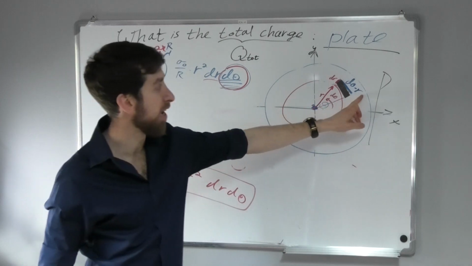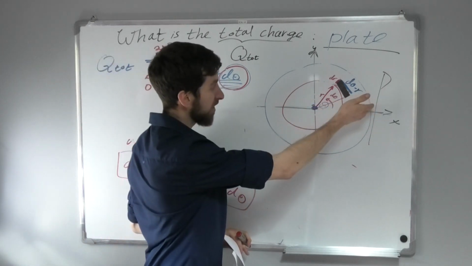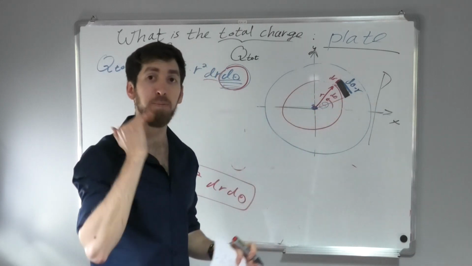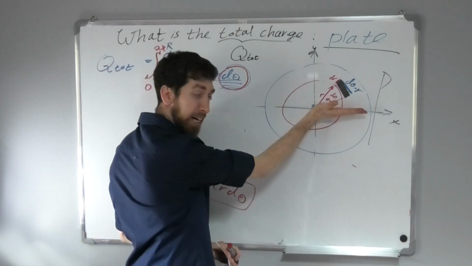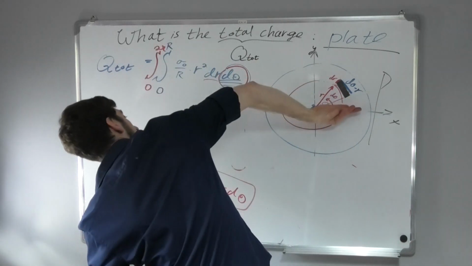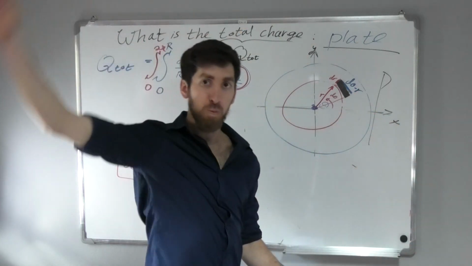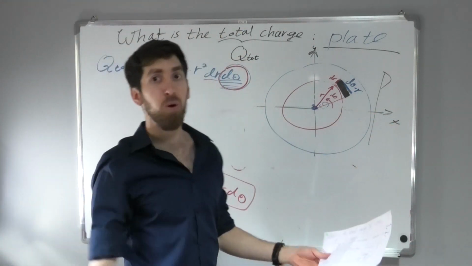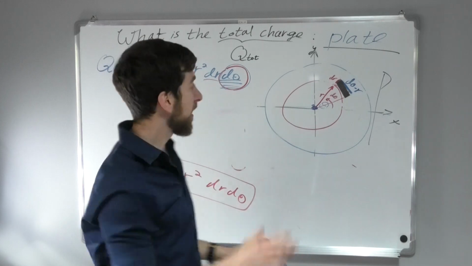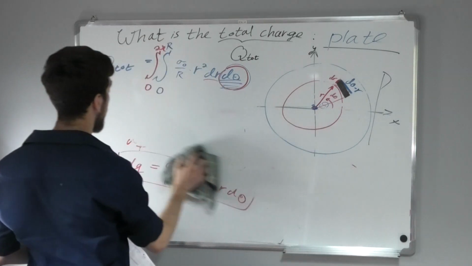We use this phenomenon to get d theta. And the second thing is that you need to understand the smallest angle that you have. The smallest angle that I have is 0, and I go until I finish, 2 pi. If I had, for example, one circle and then maybe another 2 plates, it would be 4 pi. But right now I have only from 0 to 2 pi. So I finish that one.